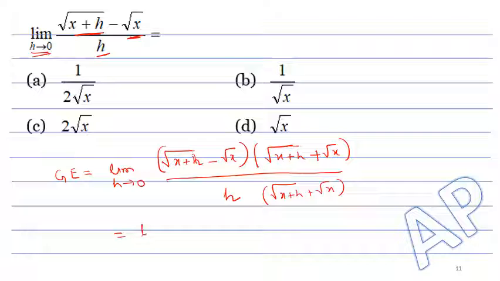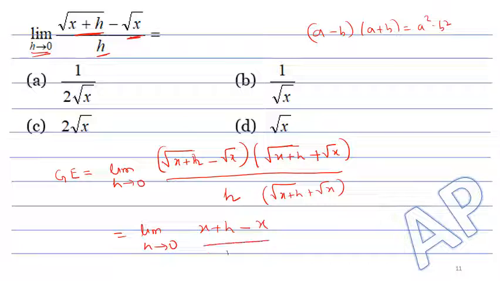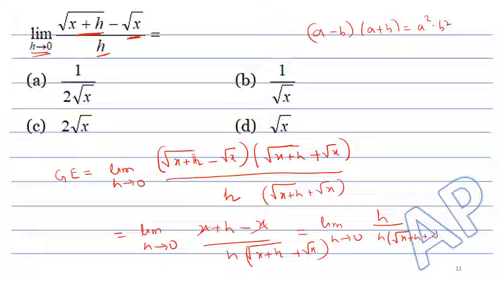So now the numerator is in the form of a minus b into a plus b, which is a square minus b square. That is, I have x plus h minus x by h into root of x plus h plus root x. Now x is eliminated and I have limit as h tends to 0 of h by h into root of x plus h plus root x.